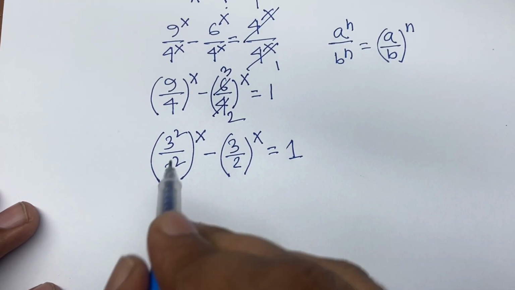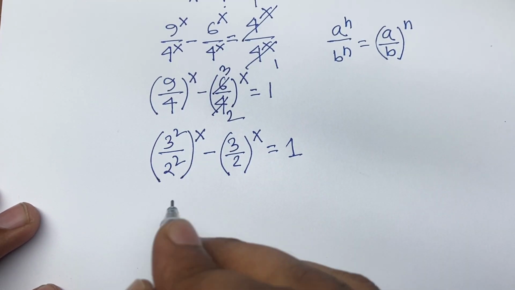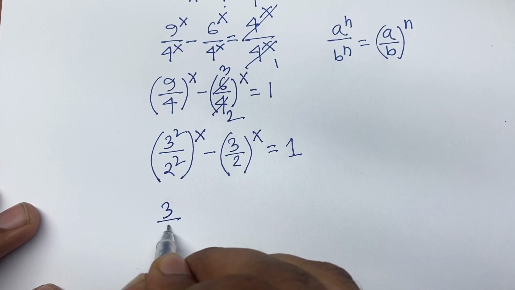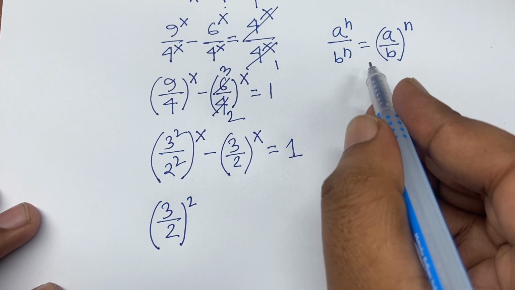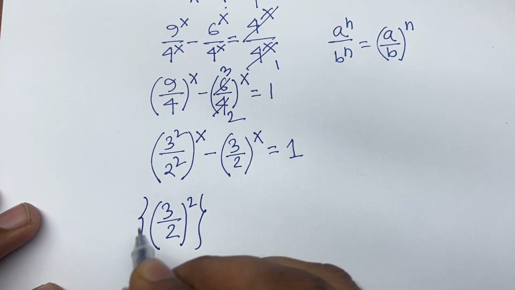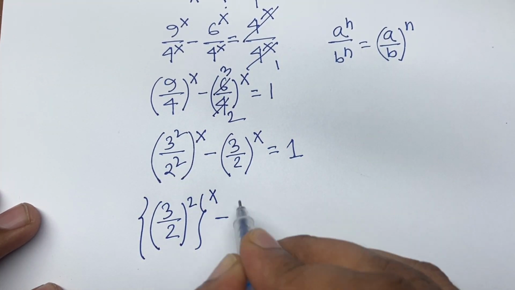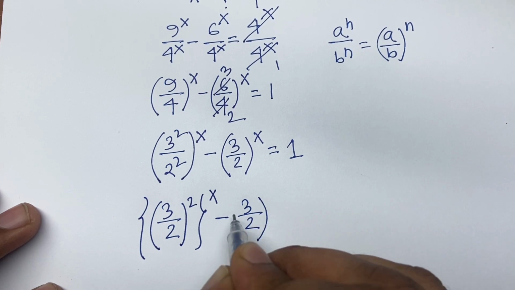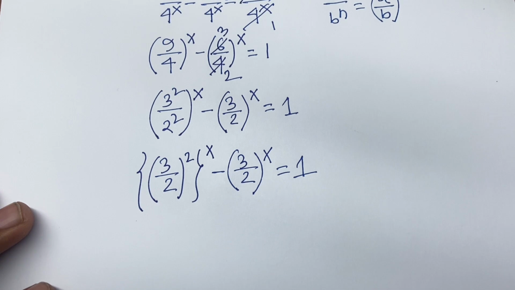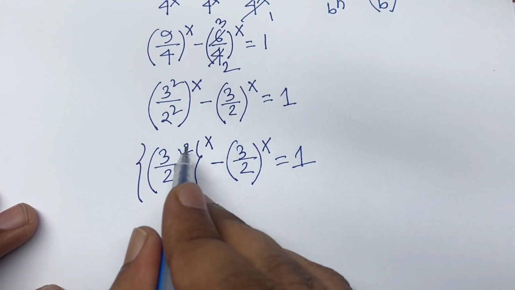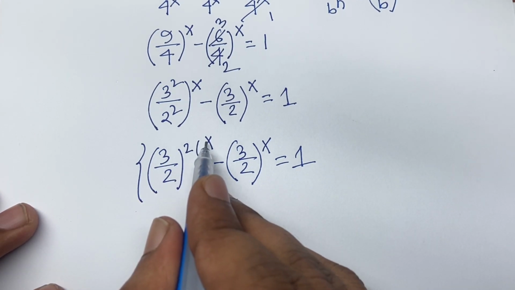Now here is 3 over 2, so I can say (3 over 2) to the power 2. Again I apply these rules: ((3 over 2)^2)^x minus (3 over 2)^x is equal to 1. Then here is (3 over 2) squared and power x.